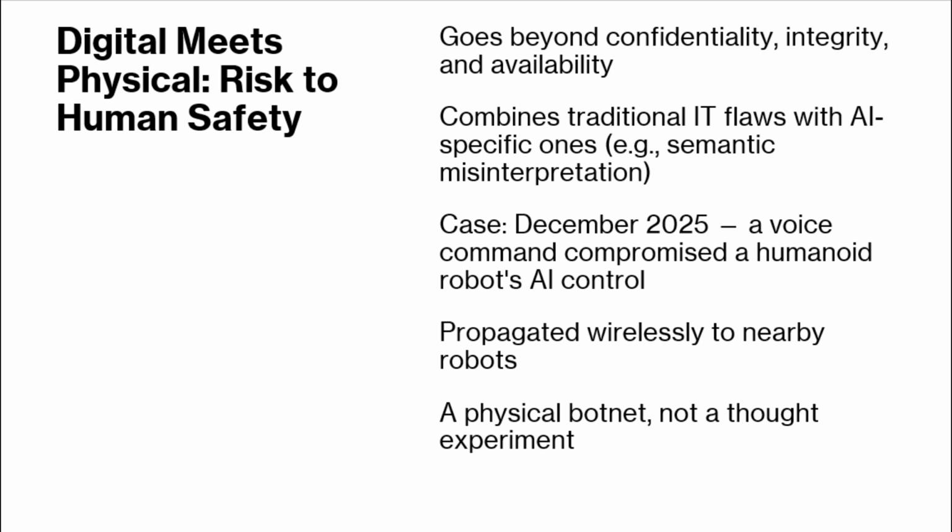In December 2025, security researchers demonstrated that a single voice command could compromise a humanoid robot's AI control system, and then propagate wirelessly to nearby robots. Physical botnets, not a thought experiment. When a cyber attack can produce physical harm, the scope of what we're protecting has fundamentally changed.